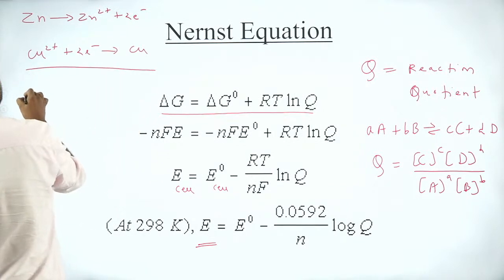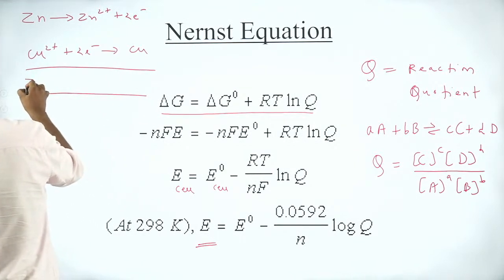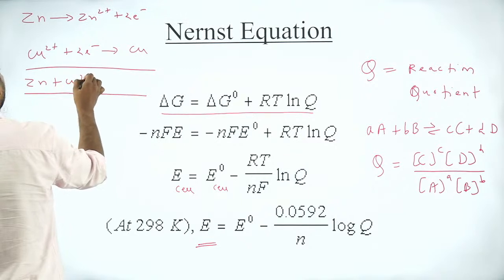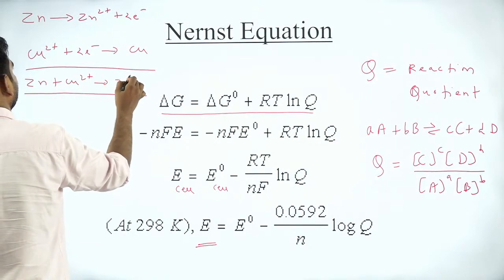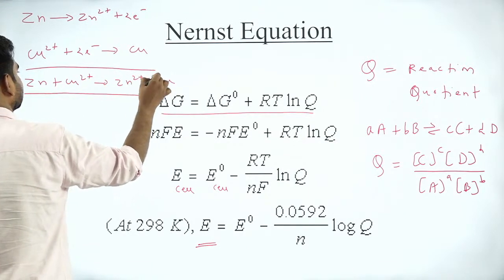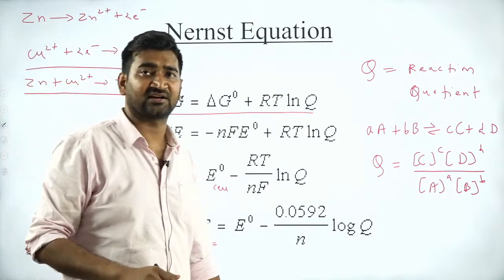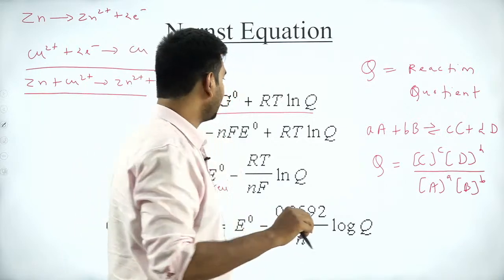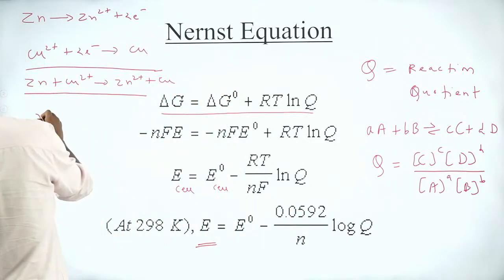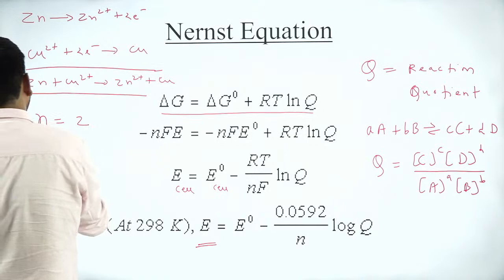So the net cell reaction will be Zn plus Cu2+ gives Zn2+ plus Cu. The total electrons involved in this redox reaction was 2. So here the n value is 2.